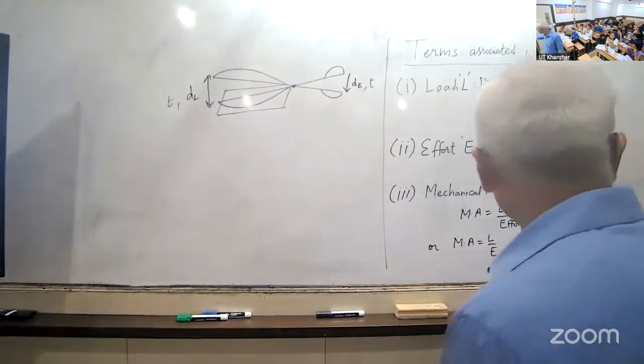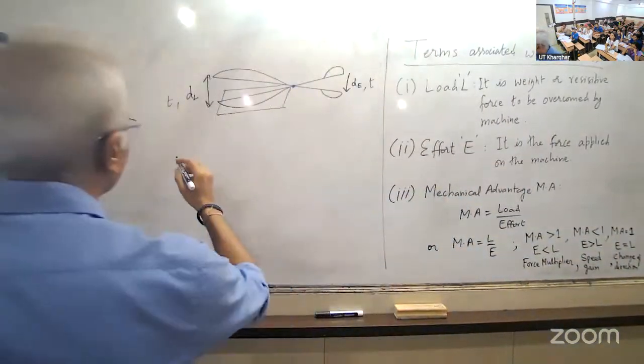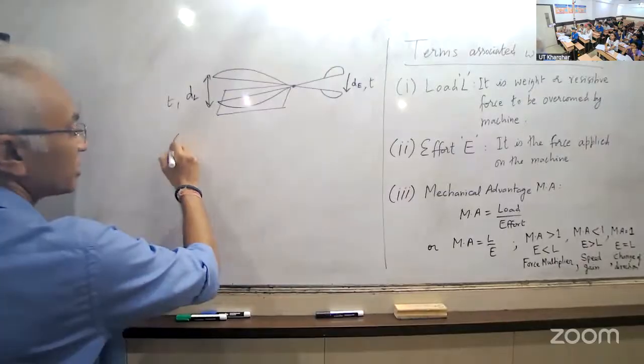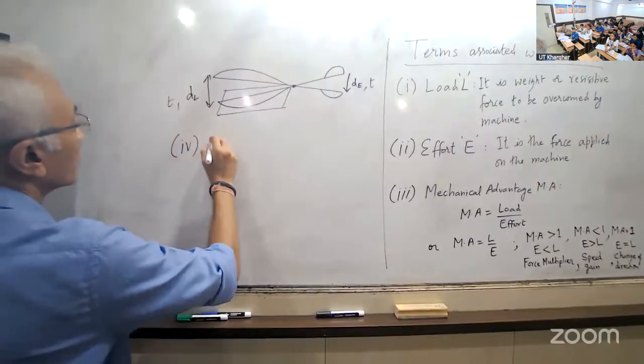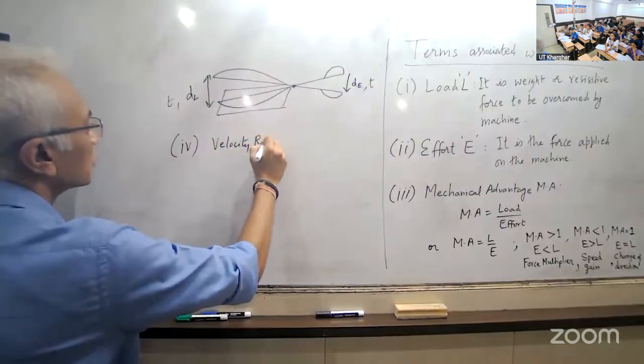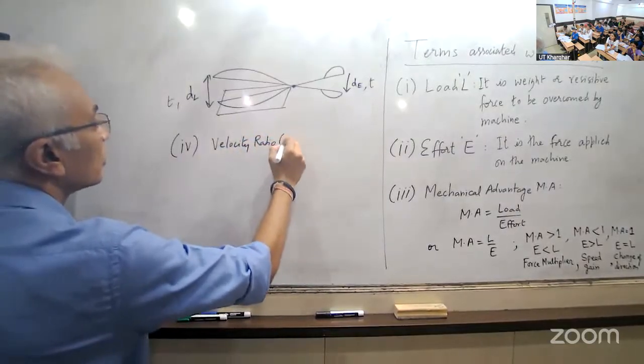So to understand speed gain better, let's describe what is called velocity ratio, or VR.